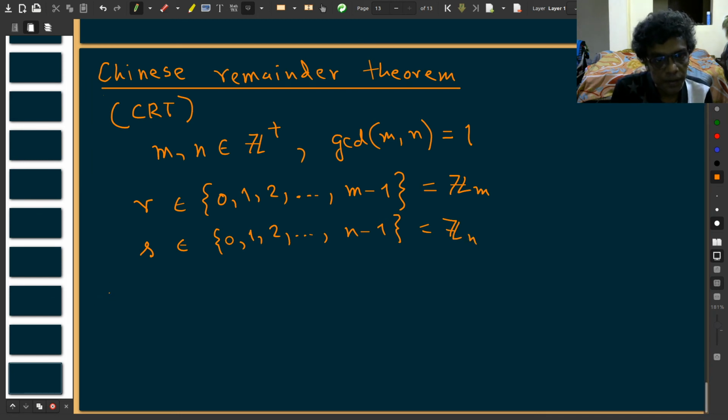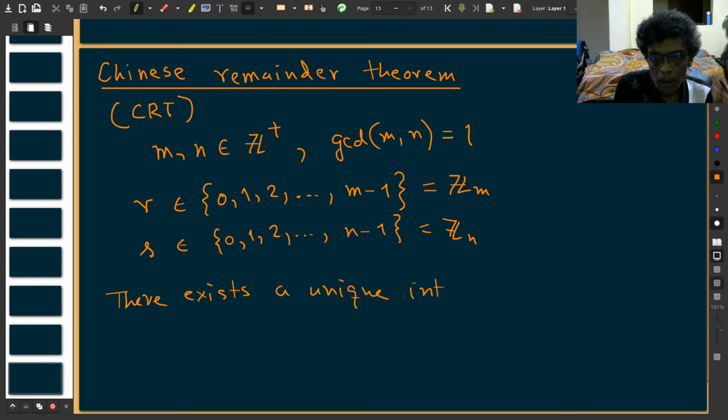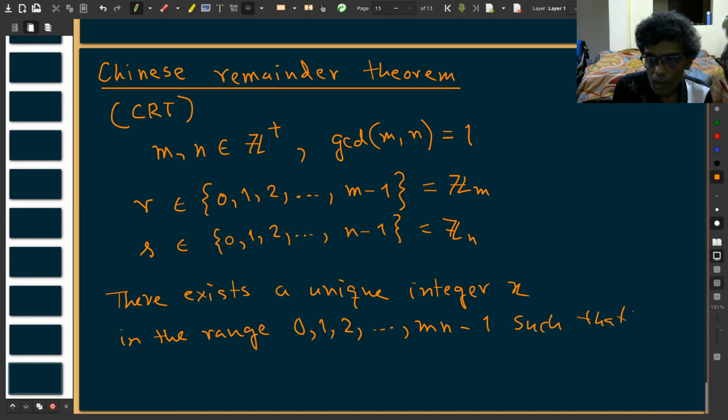Then the Chinese remainder theorem says that there exists a unique integer x in the range 0, 1, 2 up to mn minus 1, such that when you divide x by m, take the remainder, it is equal to r, and when you divide x by n, you get the remainder s.